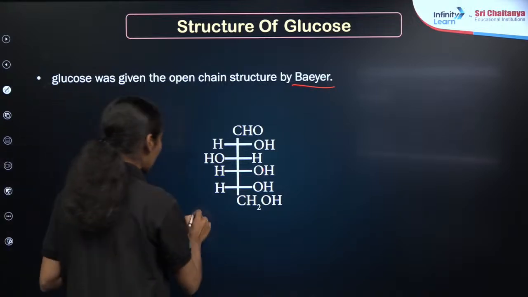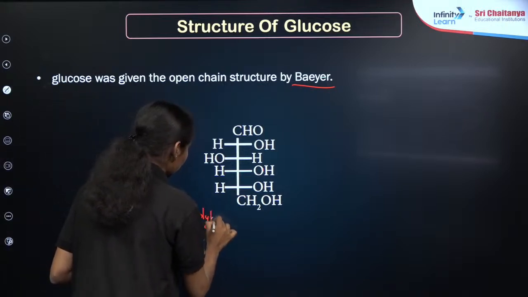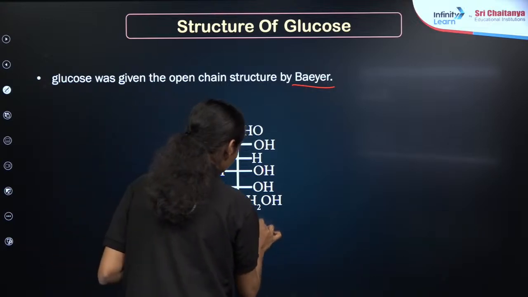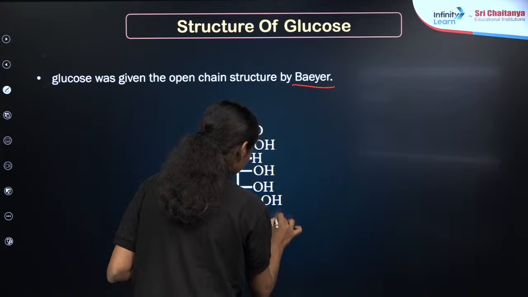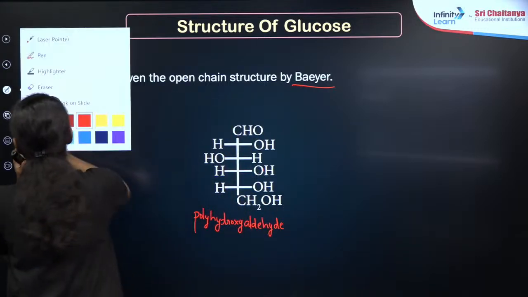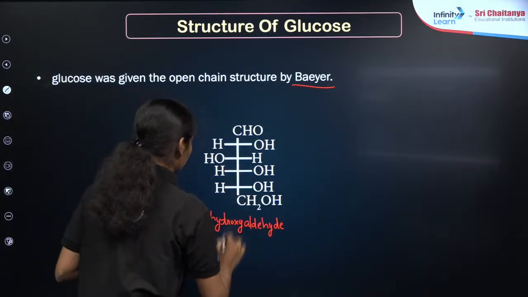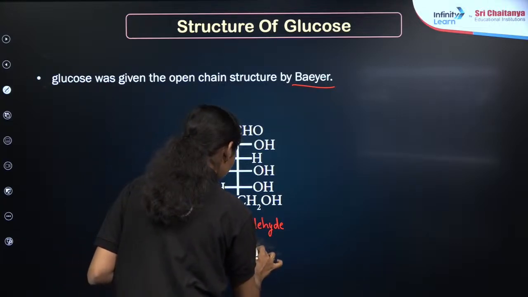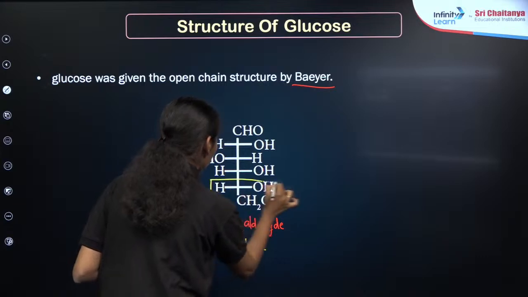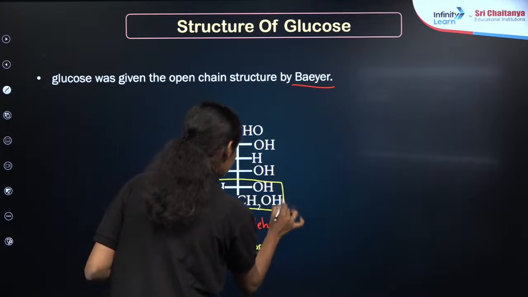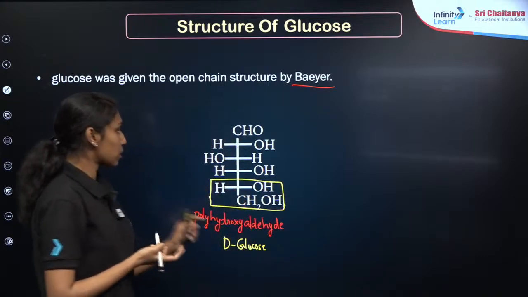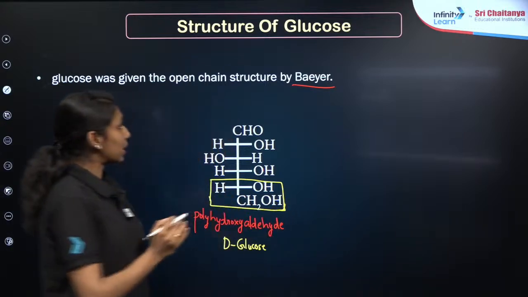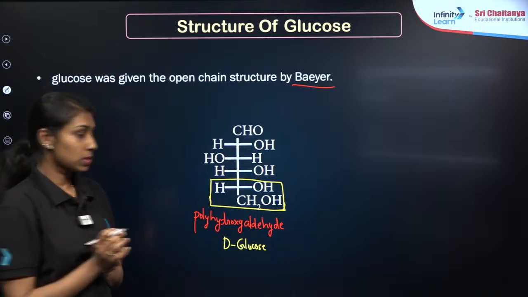So this is a polyhydroxy aldehyde. So this is our D-glucose because it has a similar configuration to D-glyceraldehyde. So we can call it a D-glucose molecule. Then this will be the Fischer projection formula for the glucose molecule.